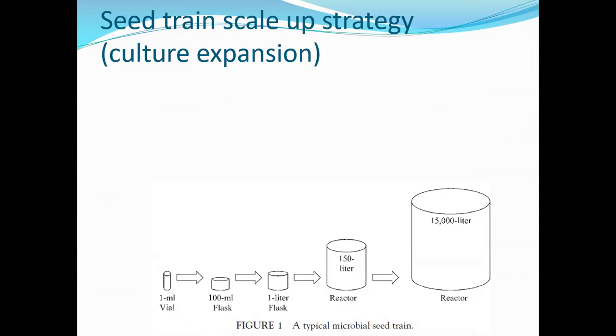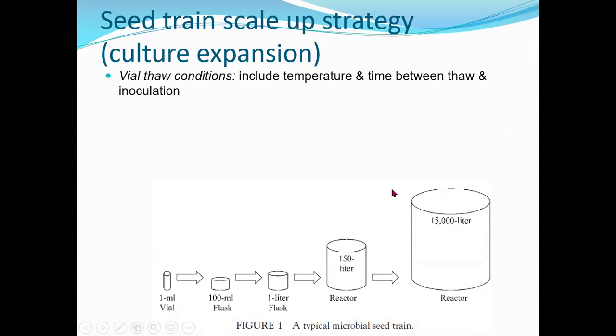Now there is a term called seed train scale up strategy, which is used mainly for culture expansion from the smaller volume to the larger volumes. So let us see the thaw conditions. This includes the temperature at which it is being thawed and up to what time it is being thawed, and then the inoculation.